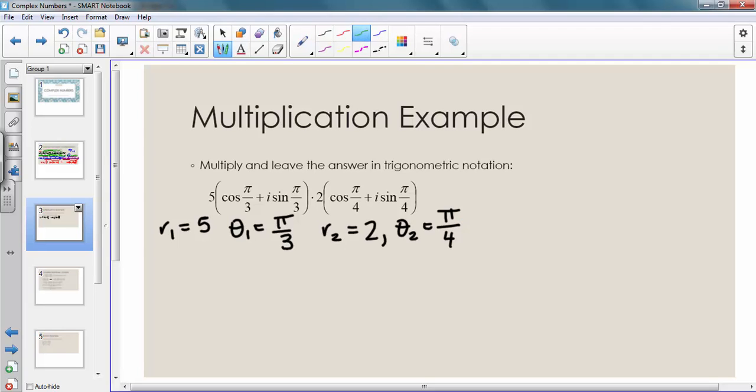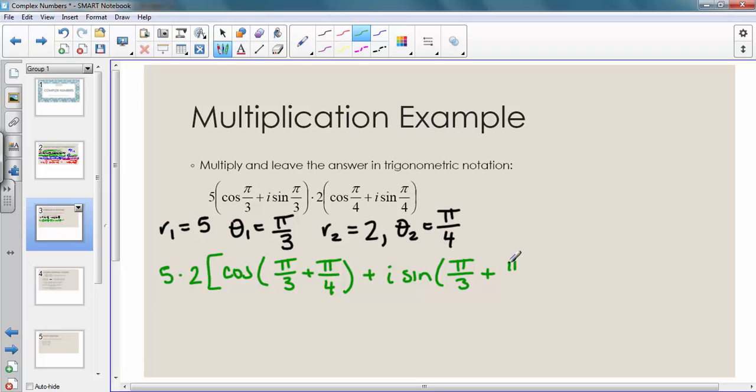So using the formula that we just derived on the previous page, we have r1, which is 5, times r2, which is 2, times the cosine of theta 1, which is pi over 3, plus theta 2, which is pi over 4, plus i sine of theta 1, pi over 3, plus theta 2, pi over 4.